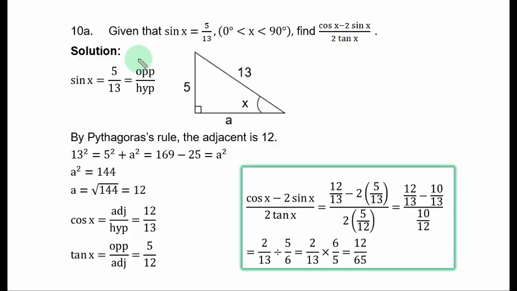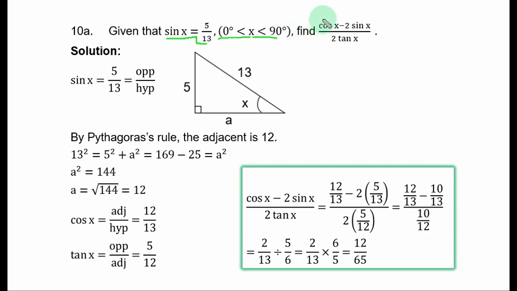Question 10a. Given that sin S is equal to 5/13, you have 0 degrees less than S less than 90 degrees. That shows that we have the first quadrant.